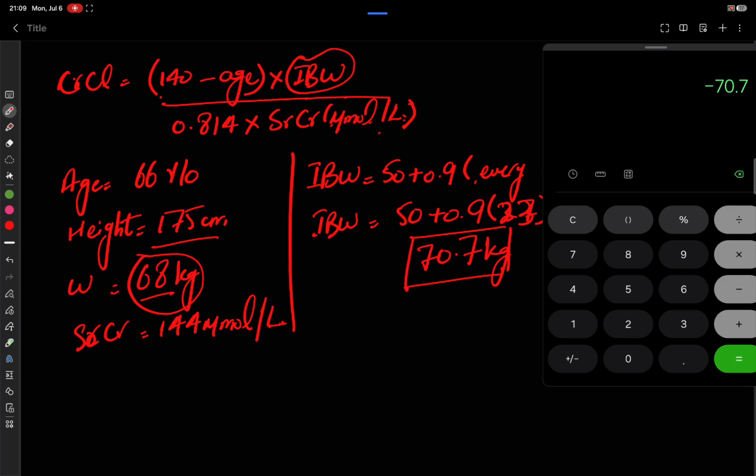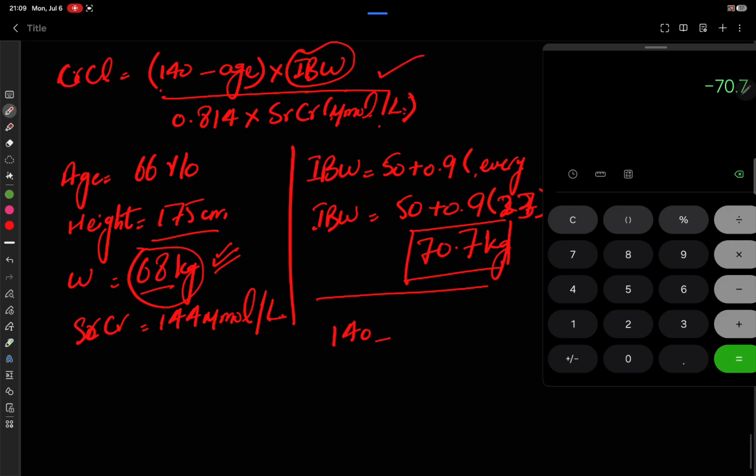We will not use ideal body weight because actual weight is less than ideal body weight, so we will use actual weight.